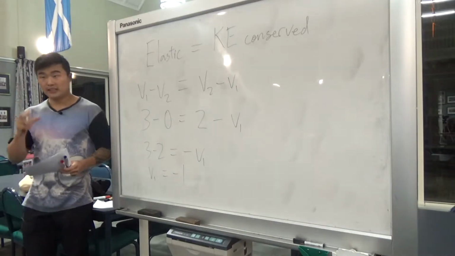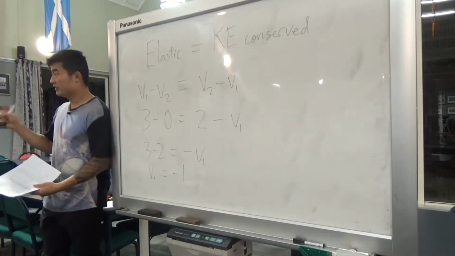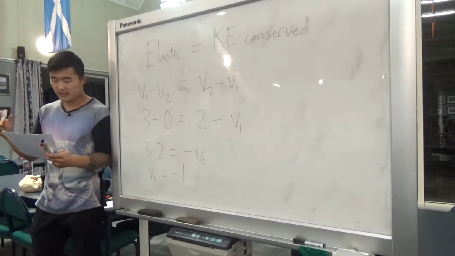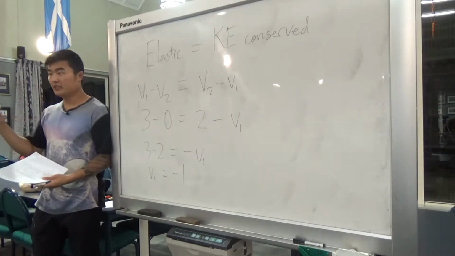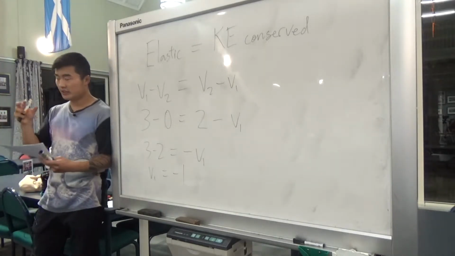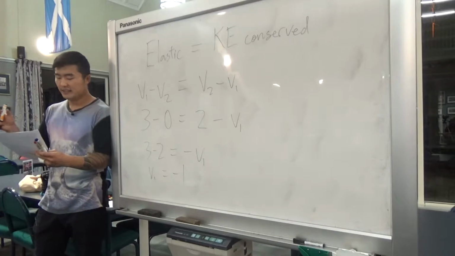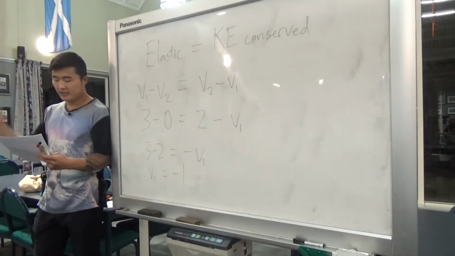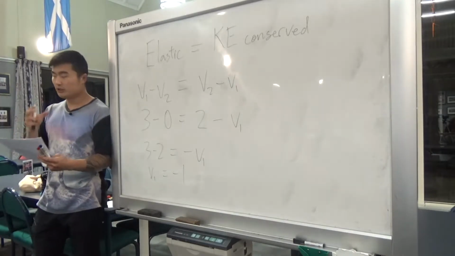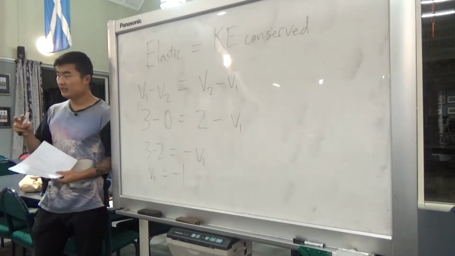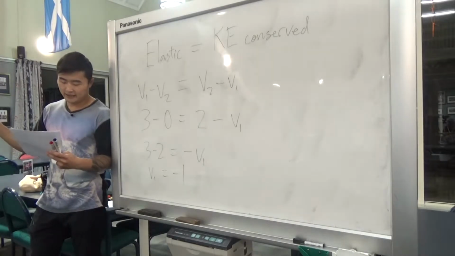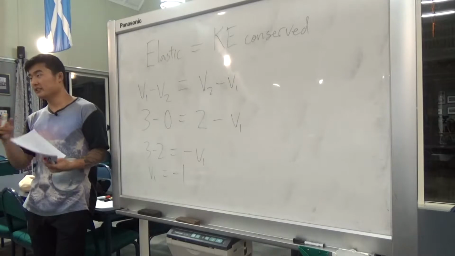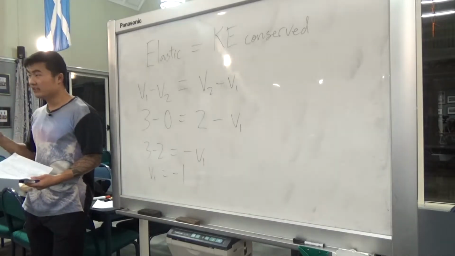Right, so you can see that the difference in velocity between the two objects has been maintained. Before the collision, there was a difference in velocity of 3 meters per second. So the cart was moving at 3 meters per second, and the box was stationary, so that's a difference of 3. After the collision, the box was moving at 2 meters per second to the right, and the cart is now moving at 1 meter per second to the left, so that's a difference of 3 again, right?